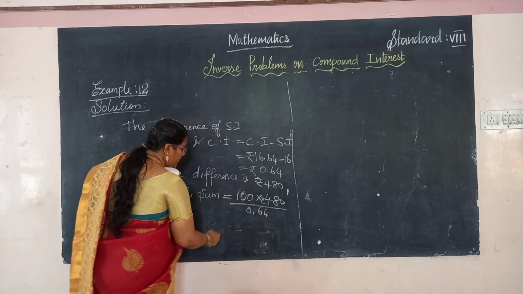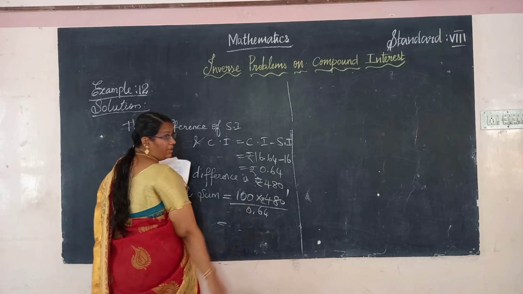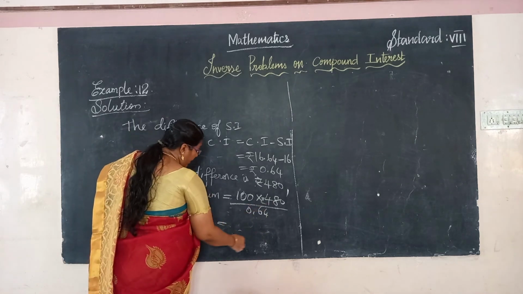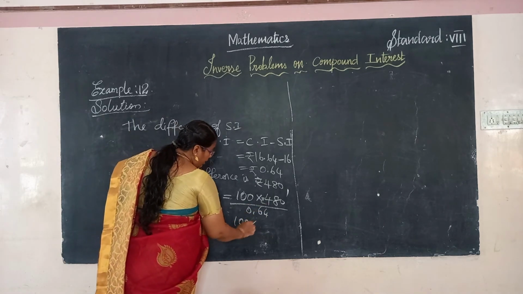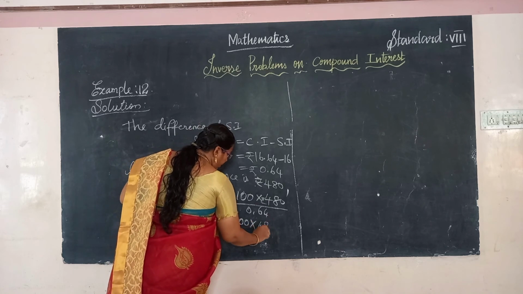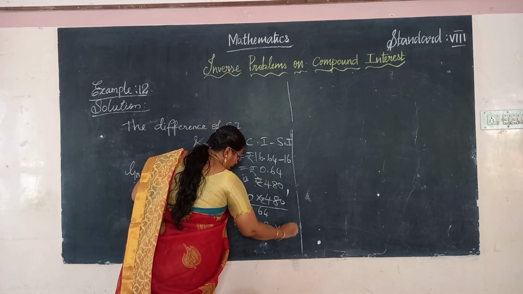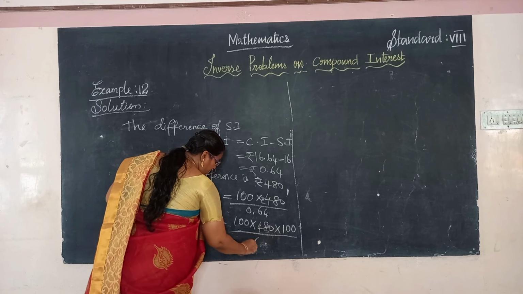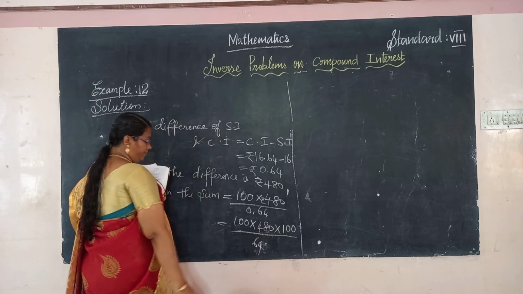Here decimal values are there, so we multiply numerator and denominator by 100. So 100 into 480 into 100 divided by 64.